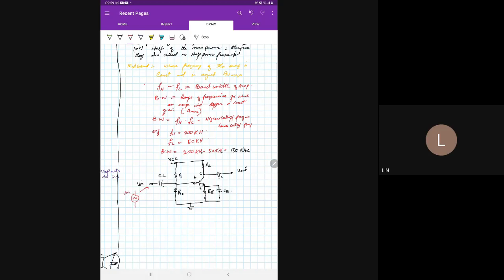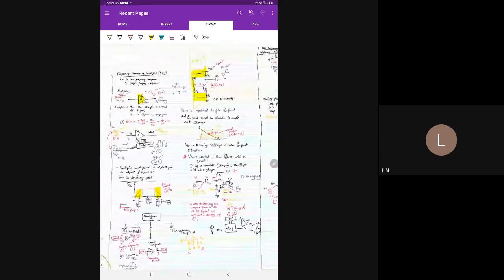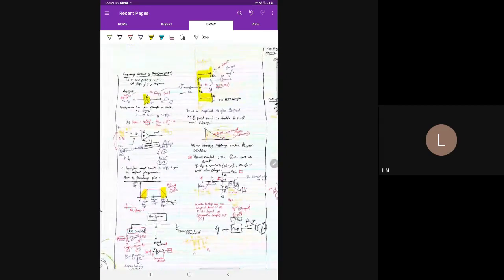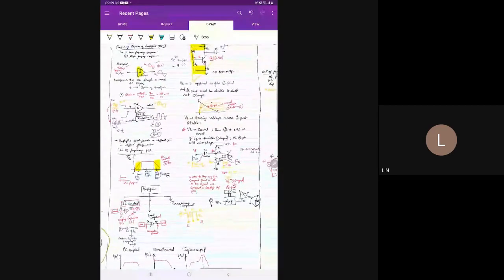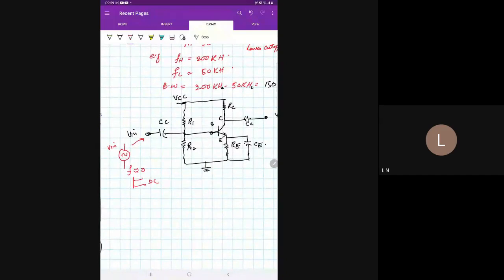Now see, if the frequency is very low, then the input will be DC. We discussed in our previous lecture also that if the frequency of an AC signal is very small, it nearly resembles DC.